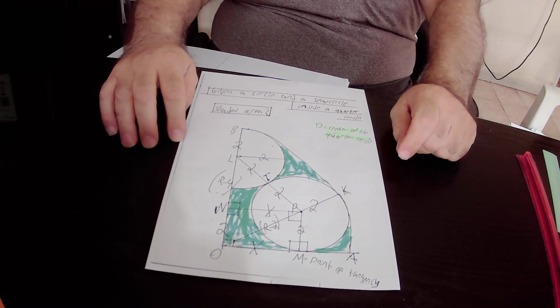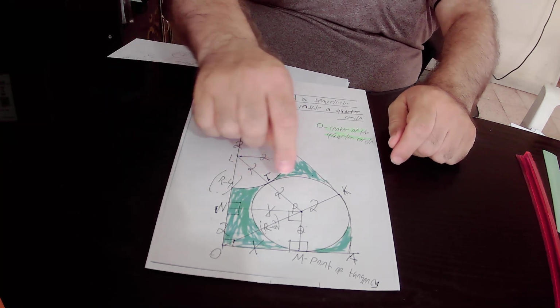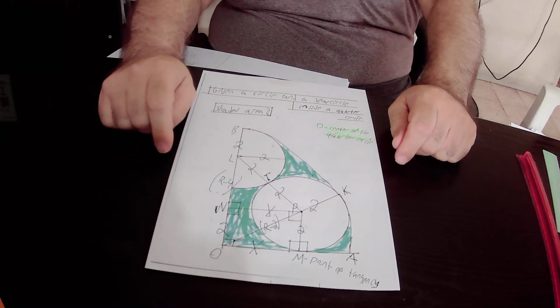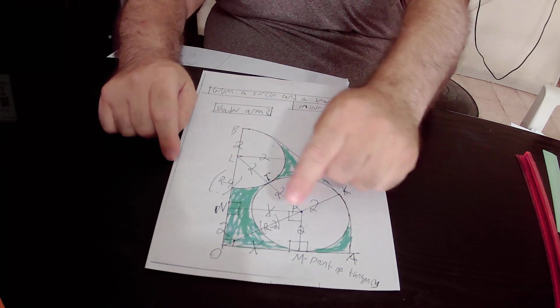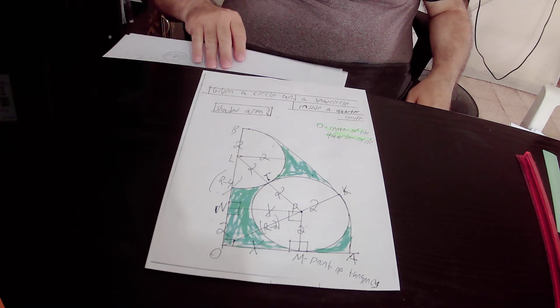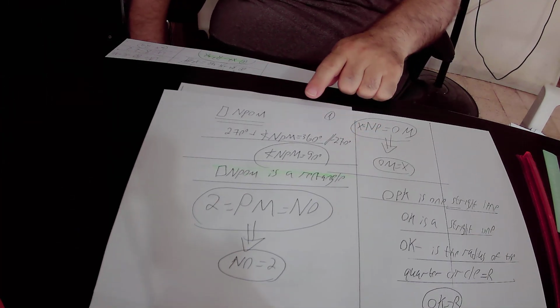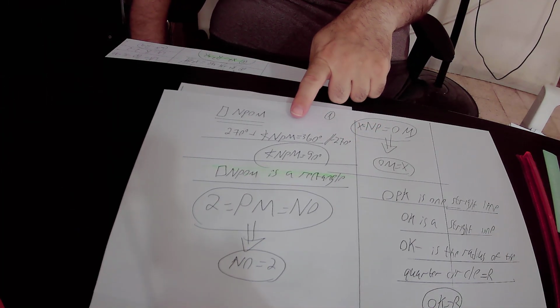So actually we created here quadrilateral NPOM that has 1, 2, 3 right angles inside it, and the sum of 3 right angles is 90 times 3, which is 270 degrees, plus the size of the fourth angle, that is angle NPM.